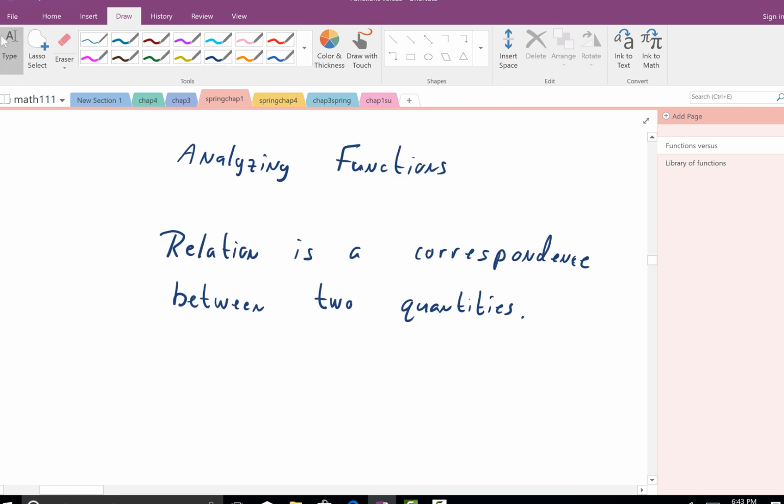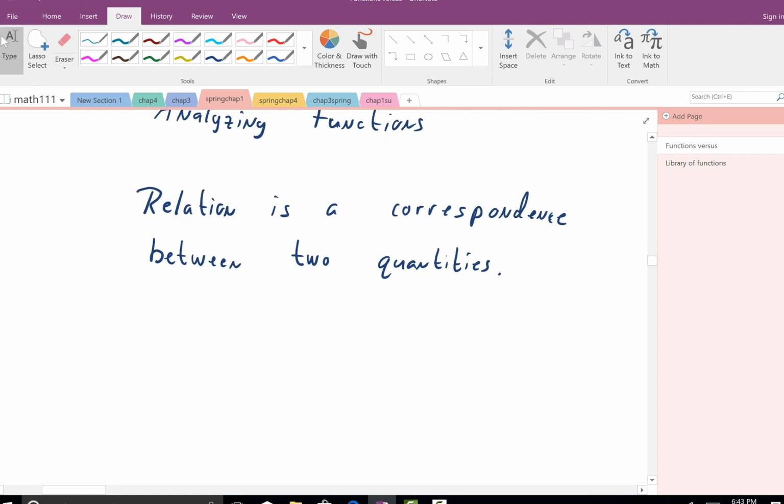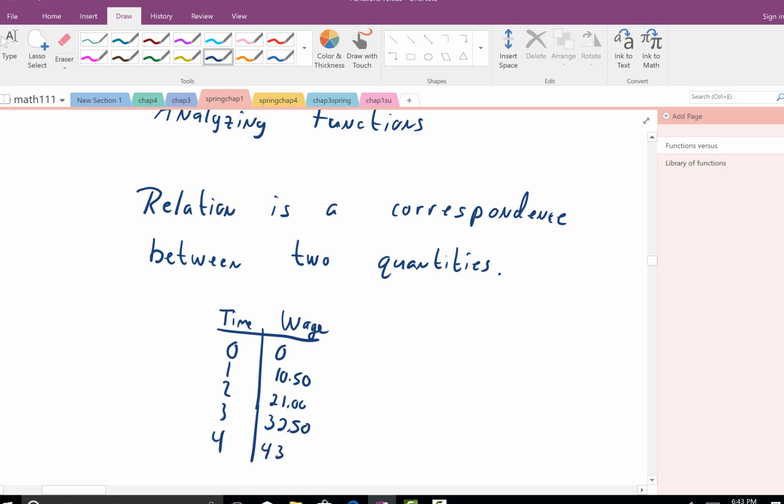That's what it is. One of the things I like to always talk about when it comes down to relations and functions is money, because people understand that pretty well. So if you have an hourly wage job where we have time here and wage here, okay, 0, 1, 2, 3, 4, and 0, 21, 32.50, and 43.